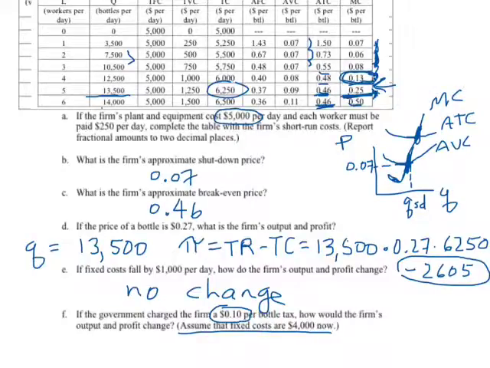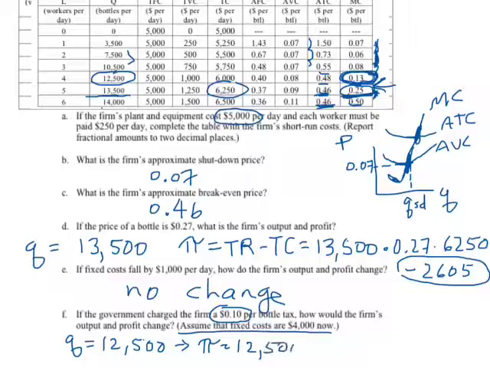That output that cost 13 cents a unit would get produced, but the output that cost 25 cents a unit would not. So their output, if I had to choose from one of these outputs in this table, which by implication I do, falls to 12,500. So Q equals 12,500 now, and profits are equal to 12,500 times 0.17, 17 cents.